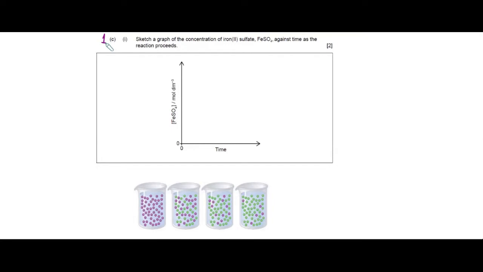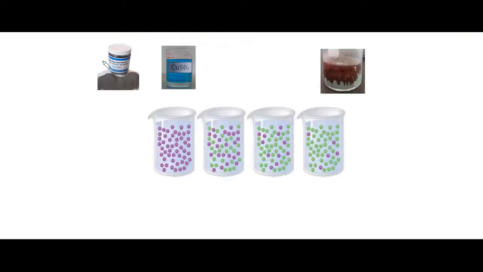Sketch a graph of concentration of iron sulfate, FeSO4, against time as the reaction proceeds. Now, as a quick recap, let me highlight the reaction once again. The reaction is between powdered iron and copper sulfate. This copper sulfate has been calculated to be the limiting reagent. Obviously, the iron is there in excess amount.